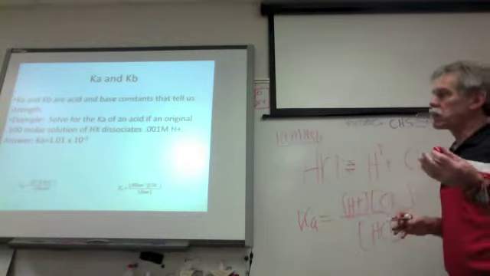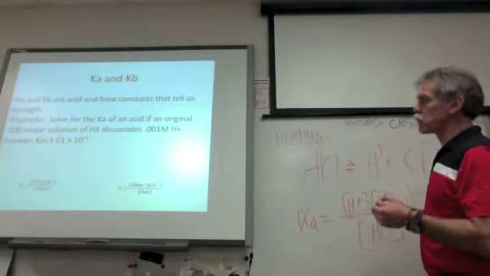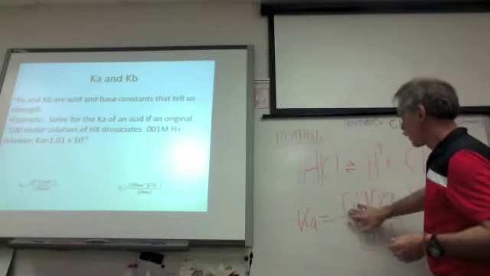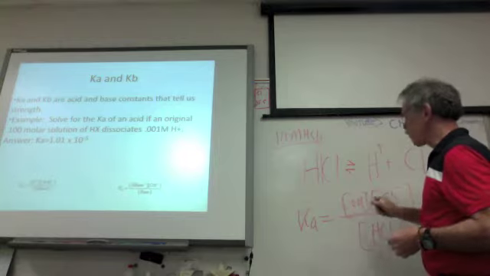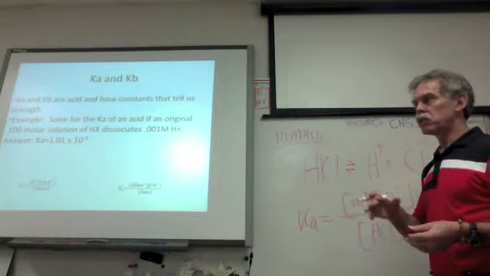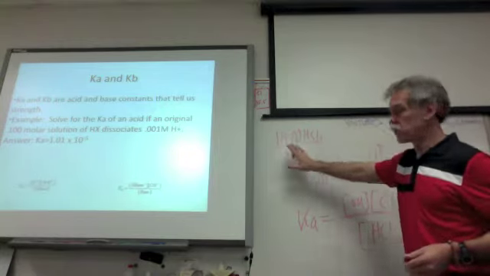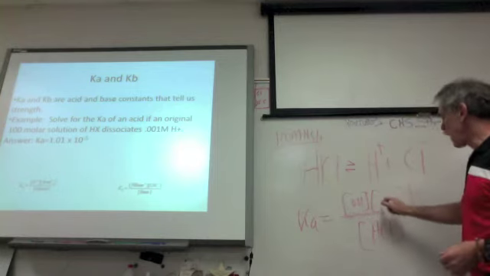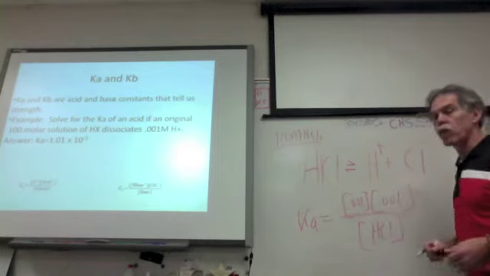What the rest of the problem tells you is that 0.001 molar of hydrogen splits off from the original situation. So we know that the H plus and the Cl minus are both 0.001.